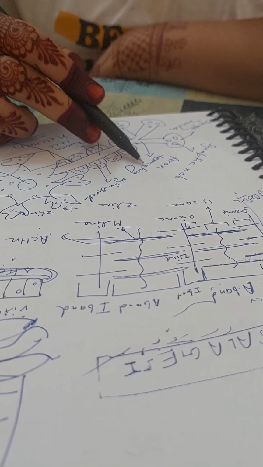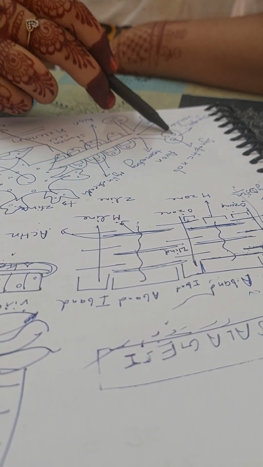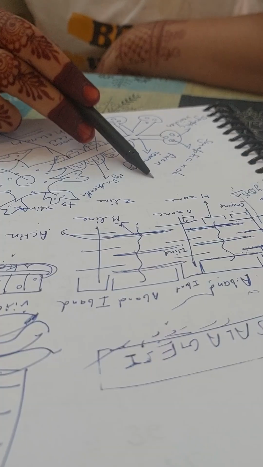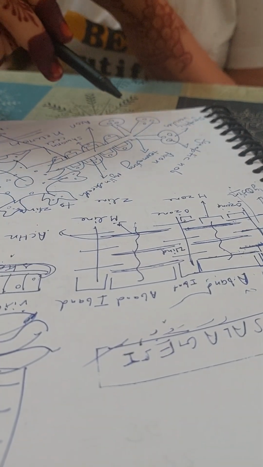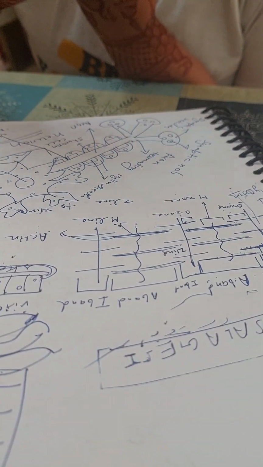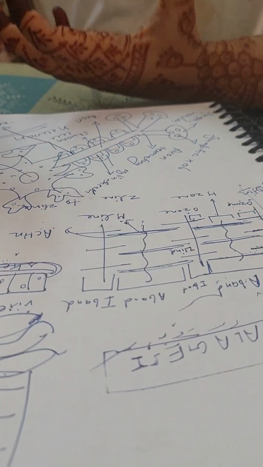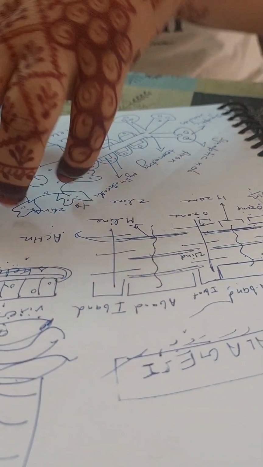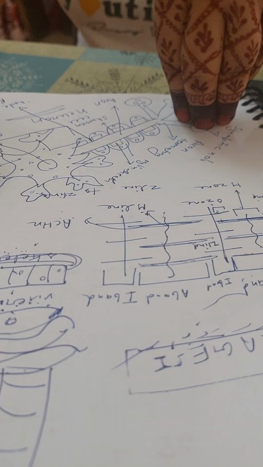Synaptic knobs are these circles, and synaptic vesicle carries the neurotransmitter.